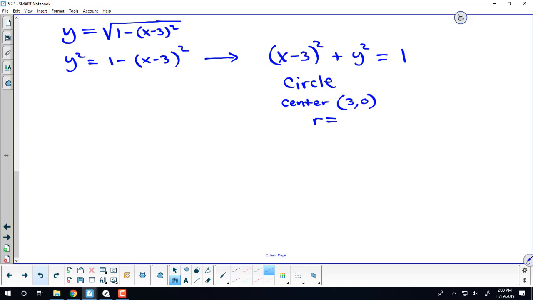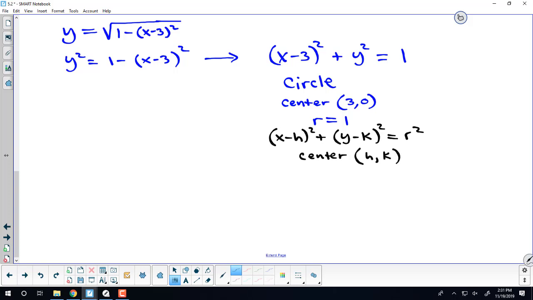No, 1. Yeah, remember this is your r squared over here. And that's the general formula for a circle of center (h, k) with radius r.